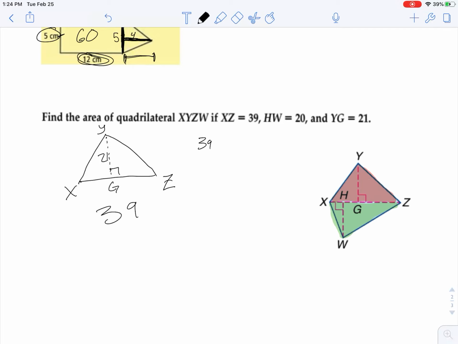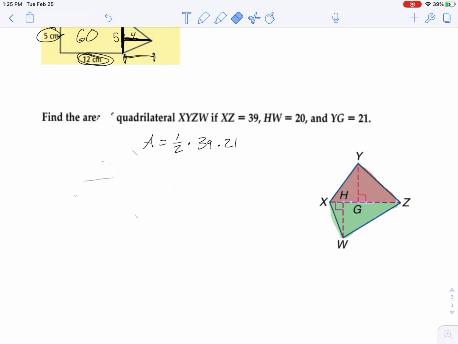So we have a height, we have a base: 39 times 21 times 1/2. 1/2 base times height. And I'm going to do that in a second. But for right now, I'm going to redraw the other one. So that's the area of the top.